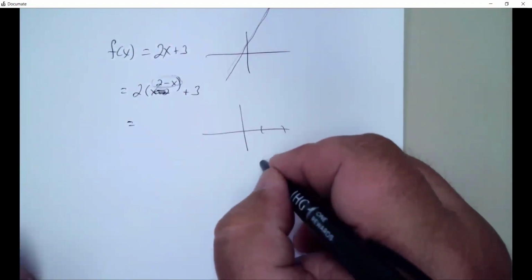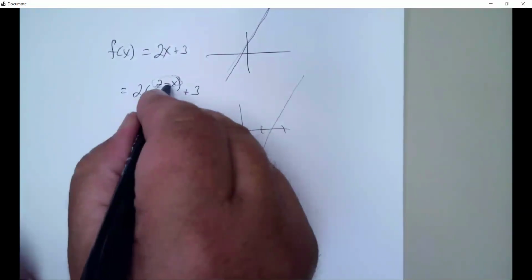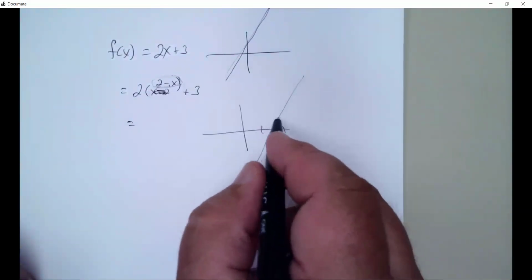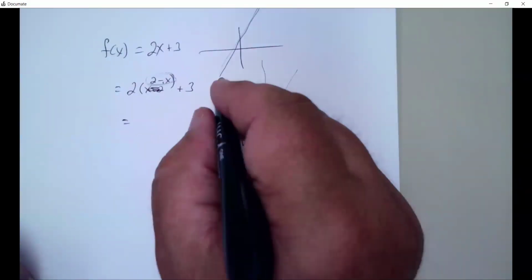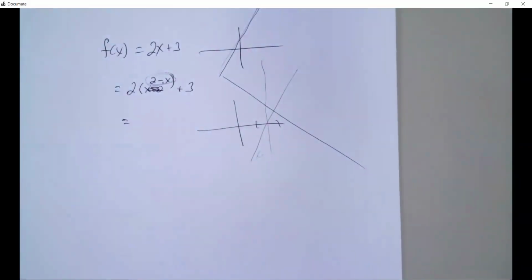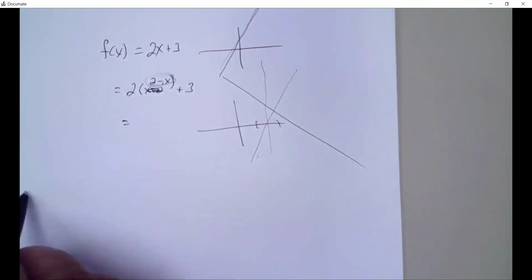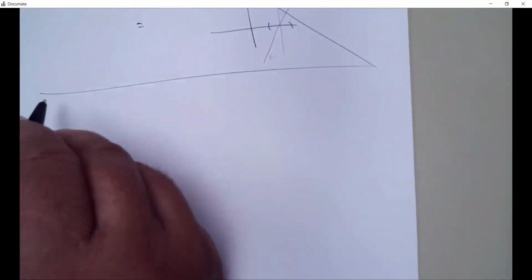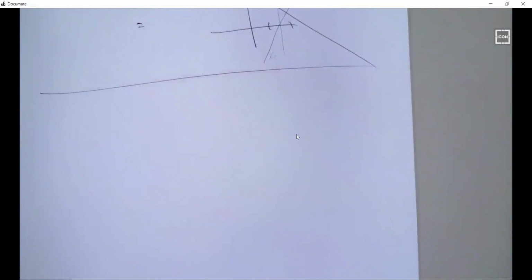So my graph will look something like this. But since x is negative, I now flip across the y-axis. Again, review your chapter 2 notes for transformations. Typically, I try to do 2 and 3 together at the same time.